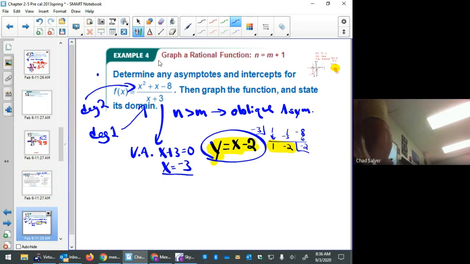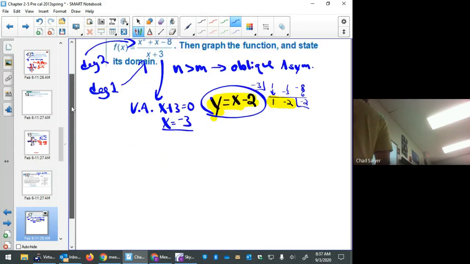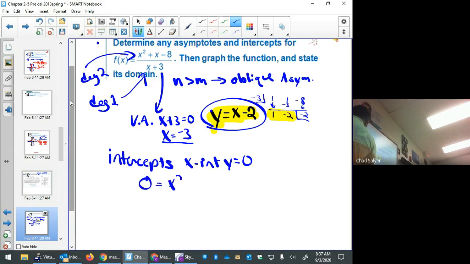And then as far as the intercepts go, well, if I set my numerator equal to 0, that will be my x-intercept. Remember, that's where y equals 0. So that's going to be where 0 equals x squared plus x minus 8.